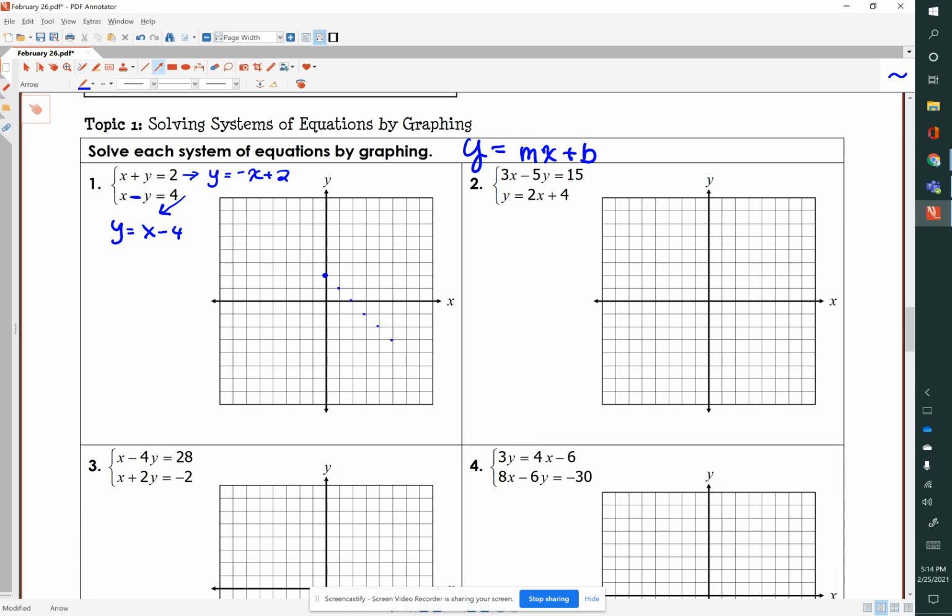So let's try to use our arrows. Okay, roughly speaking, that's the first equation. The second equation, we have a y-intercept of negative 4 and a slope of 1.